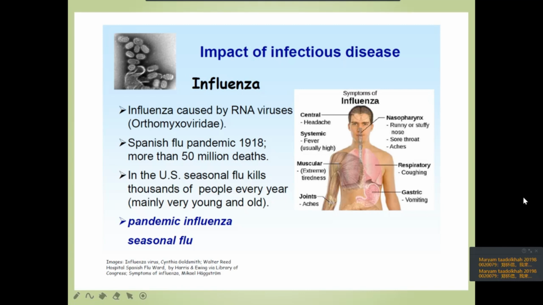And now every year we have a seasonal flu. From October to early next year is called the flu season. To prevent the seasonal flu, we can have a flu shot, a flu vaccine, every year. I think the flu vaccine should be available in your country.